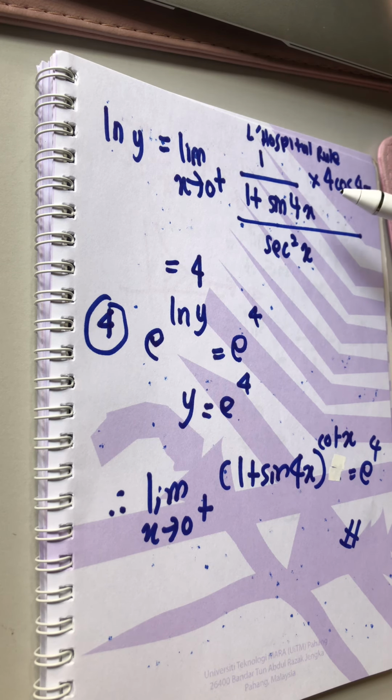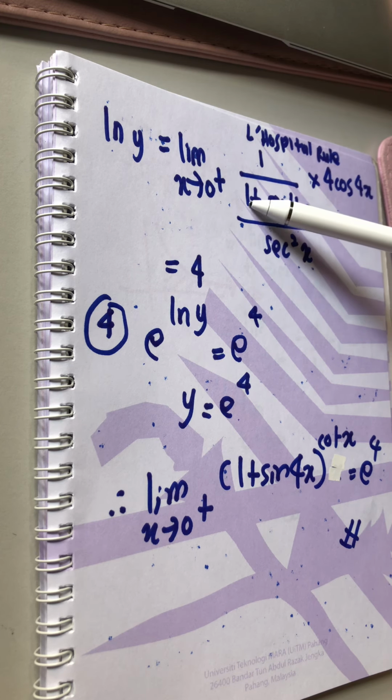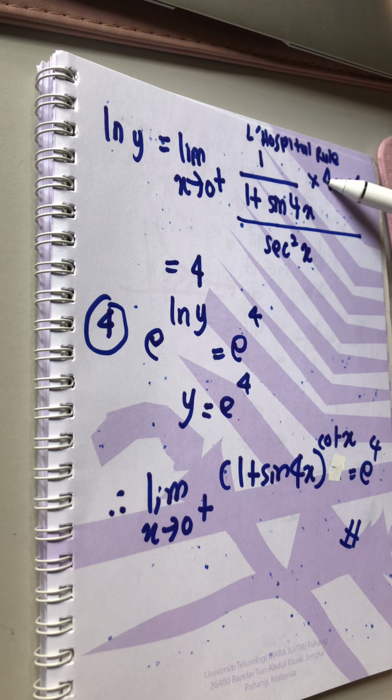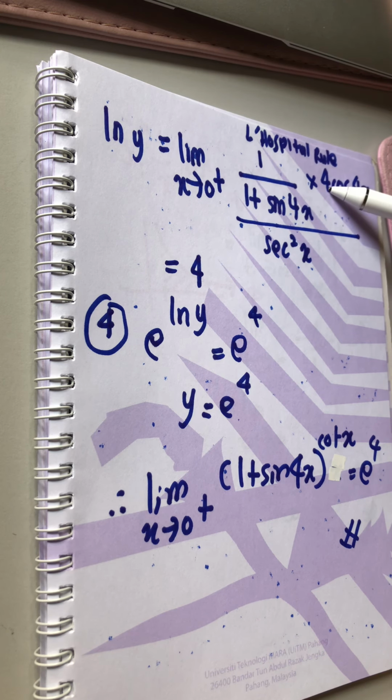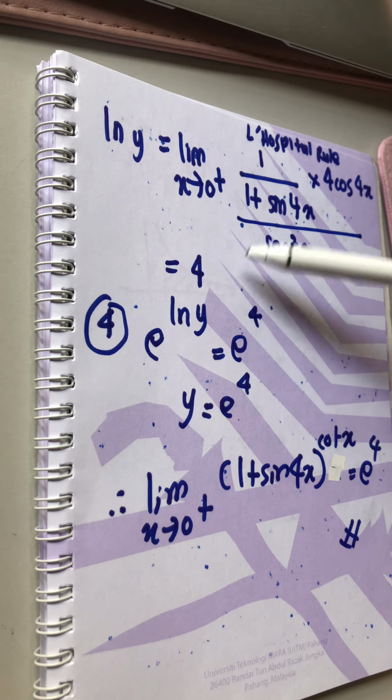L'Hopital's rule: you need to differentiate the numerator and denominator with respect to x. So ln differentiates to 1 over (1 plus sine 4x) multiplied by the derivative of the inside: 1 differentiates to 0, and sine 4x differentiates to 4 cos 4x, because sine differentiates to cos and 4x differentiates to 4. Divide by tangent x, which differentiates to secant squared x.